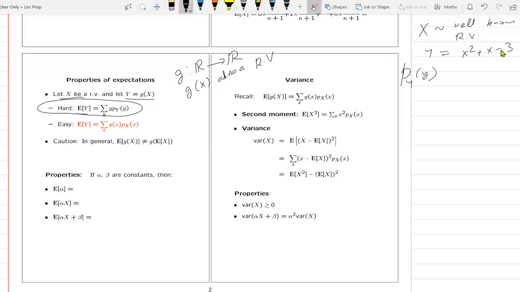Y is a random variable. So what is the probability mass function of y? How do you compute it? What is the probability of Y equal to y? Could you give a formula for this?